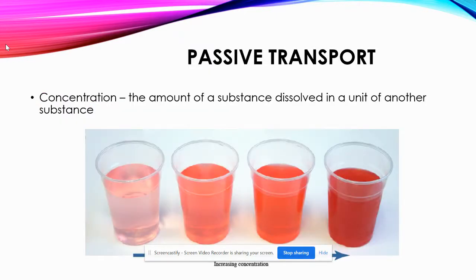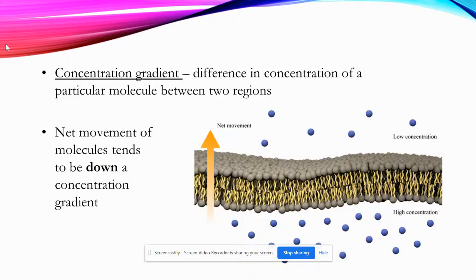Before we talk about passive transport, we got to talk about concentration, because we talk about a concentration gradient. So concentration is the amount of a substance dissolved in a unit of another substance. So if we look at this picture of food coloring, we have a lower concentration of food coloring on the left and a higher concentration of food coloring on the right.